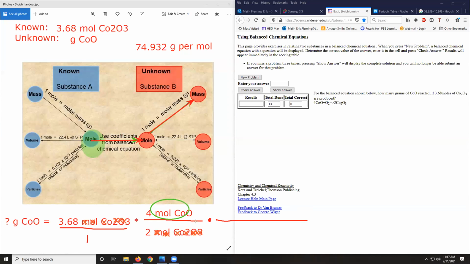And what you always do is look at what you have there. What do I have there? You see what I circled in green? Mole of CoO. That thing has got to go on bottom to cancel out.